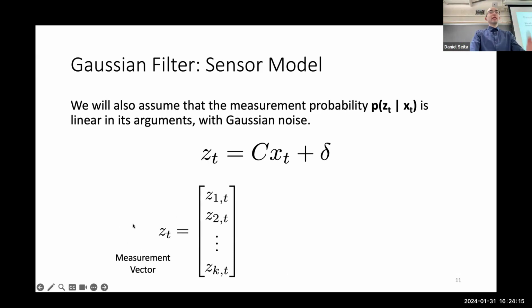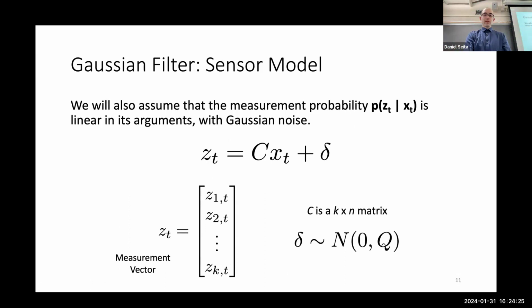We have some kind of measurement vector, which maybe comes from a GPS signal that you query, and it gives you a vector of all the relevant information. C is some kind of matrix that maps from the real state to your observation. And then you get this extra noise that you add.